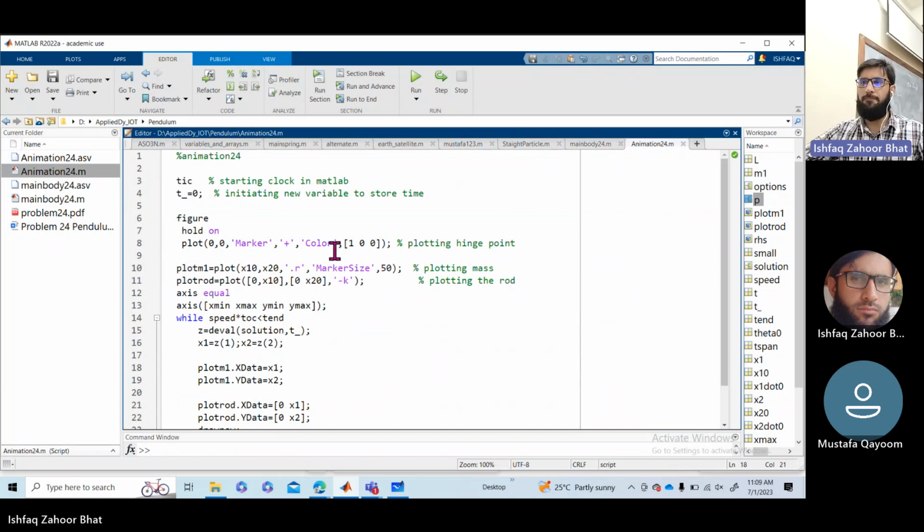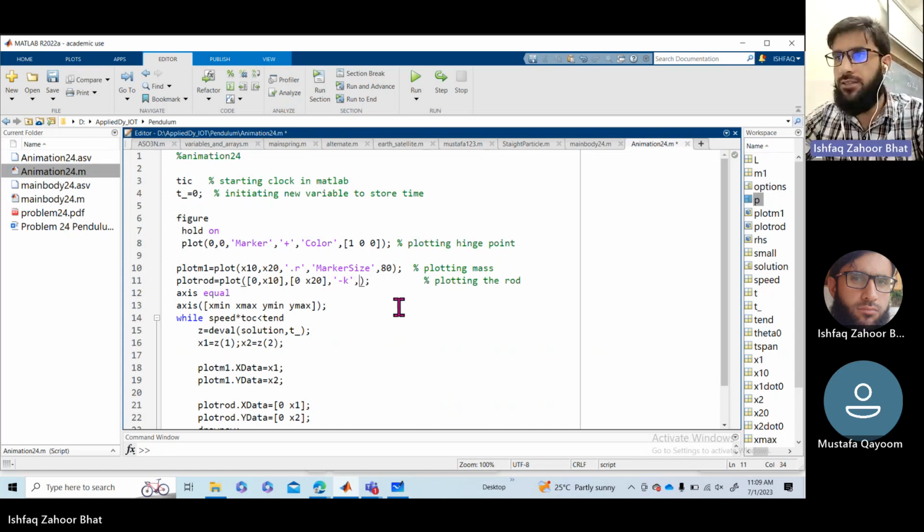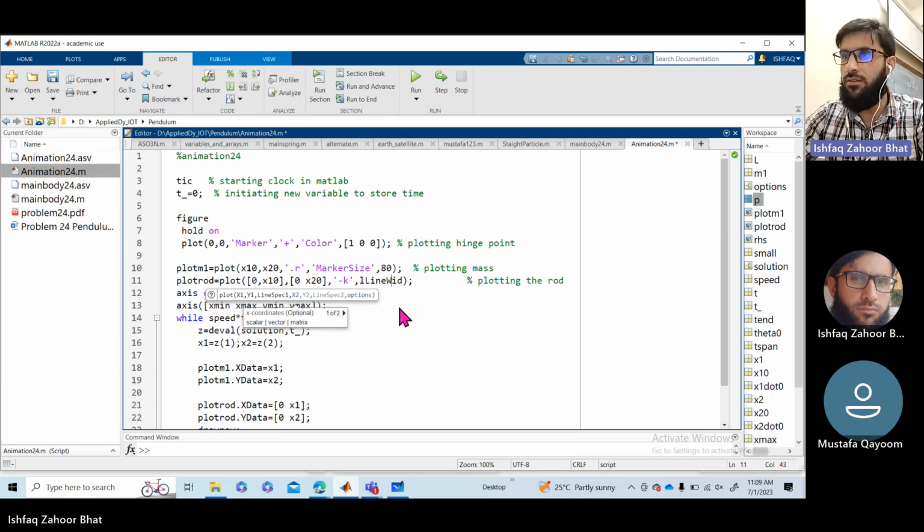Okay, let us change things and see what will happen. So now let's use this as 30. No, not 30, but 80. Let's use this as 80, and also let's increase this line width.